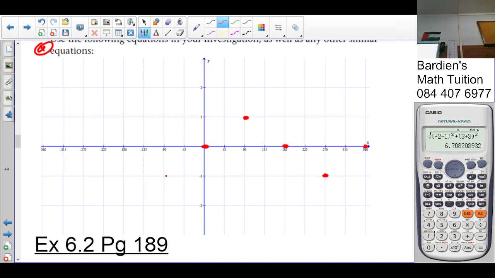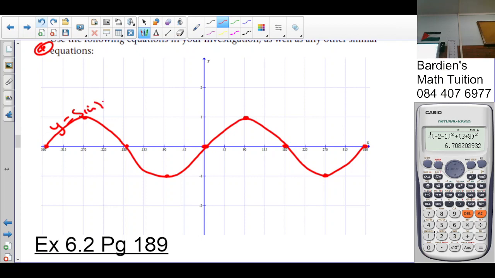Then minus 1, 0, 1. So this is the sine of x graph. The board is for some reason not aligned. Alright, so that is the y is equal to sine x graph.